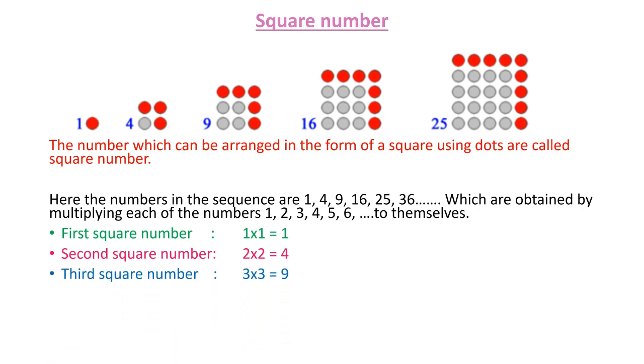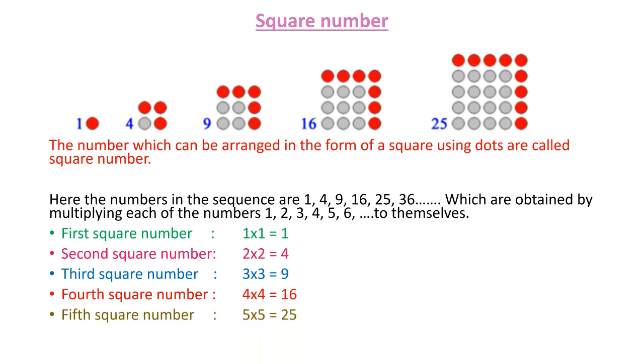The third square number is 3 cross 3, that is equal to 9. The fourth square number is 4 into 4, that is equal to 16. And the fifth square number is 5 into 5, that is equal to 25, and so on. So can you observe here that whatever number you want to find out, you have to multiply it by itself.